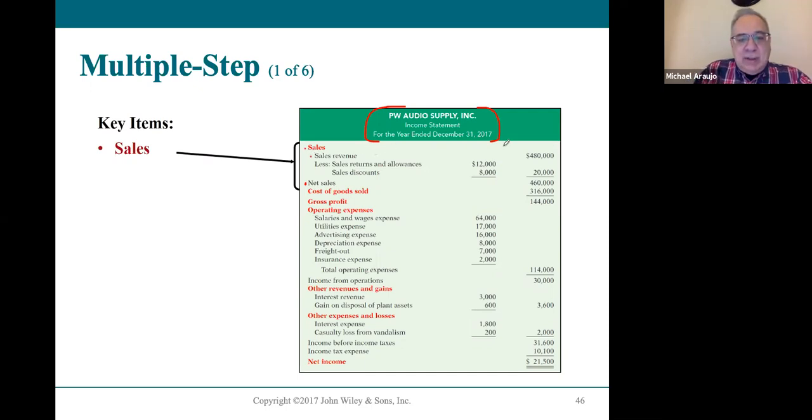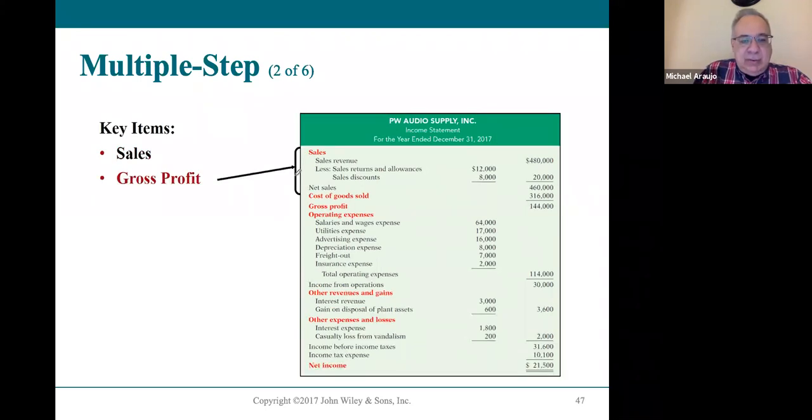You have your sales revenue, you subtract out your returns and allowances and your discounts to get your net sales. So you have to know how net sales are calculated because that is important, right? Then from the net sales, you subtract your cost of goods sold and you have your gross profit. So the gross profit is the difference between the net sales and the cost of goods sold.